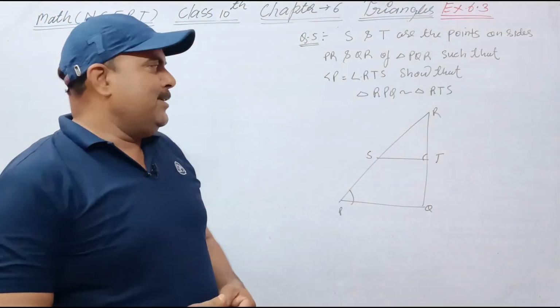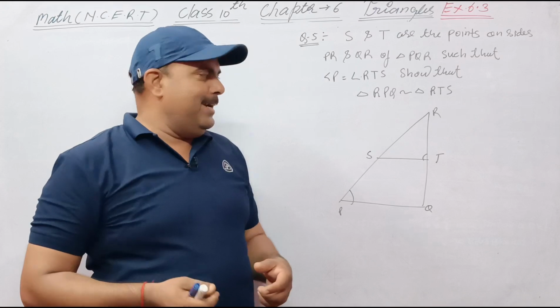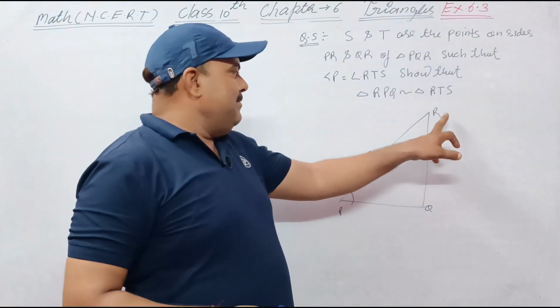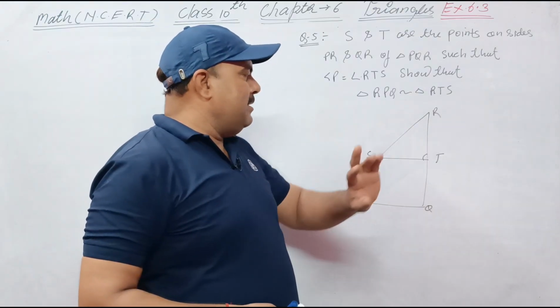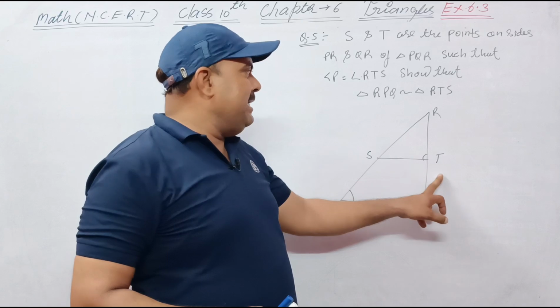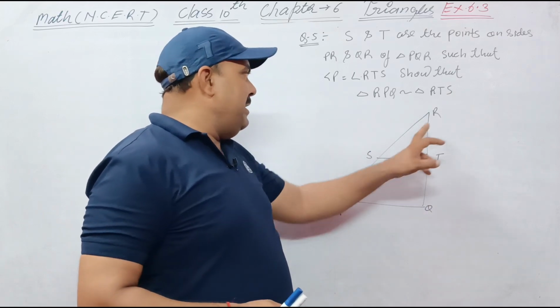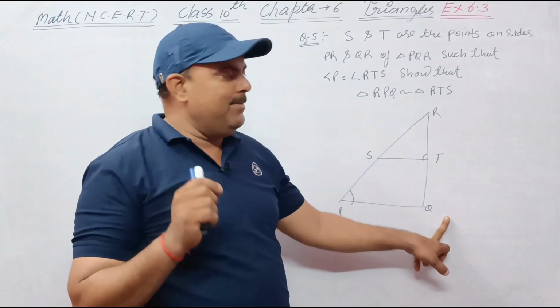Let's understand next question 5, in which we have given that in a triangle PQR, points S and T are on PR and RQ respectively.